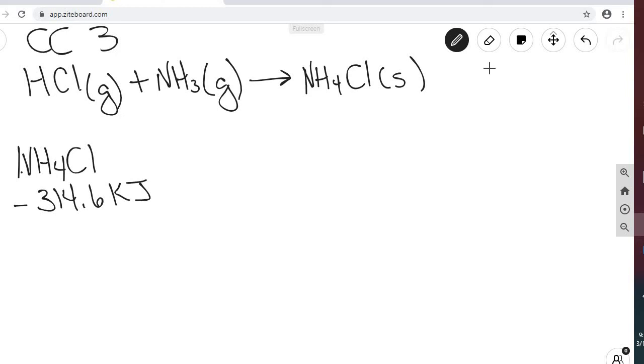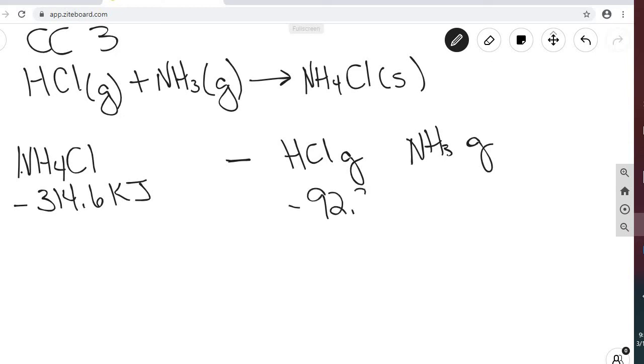And then we're going to subtract from that the HCl as a gas and the NH3 as a gas. Okay, so the HCl as a gas is negative 92.3, and NH3 as a gas is negative 45.9.